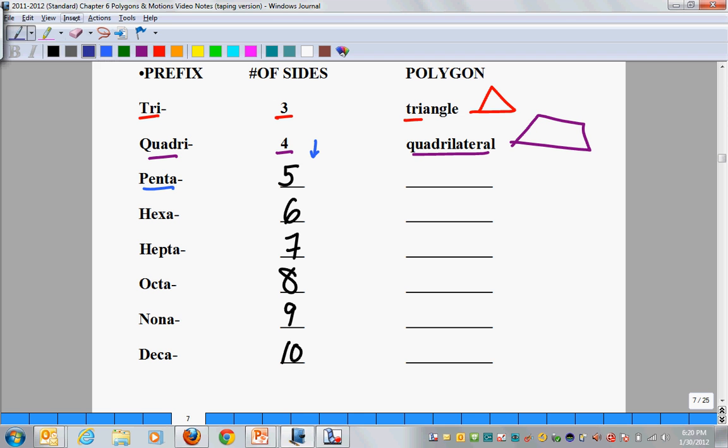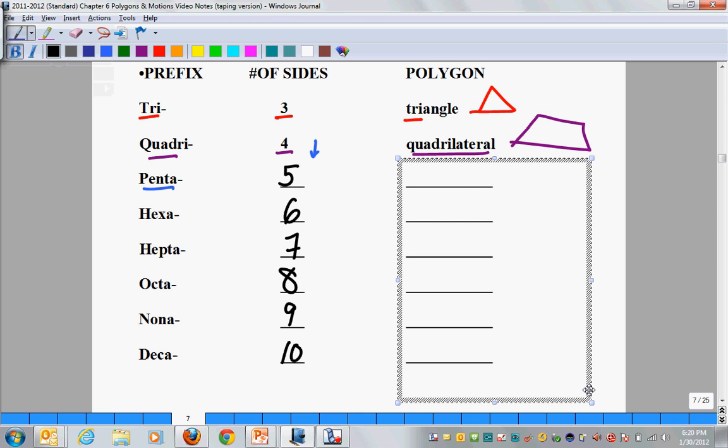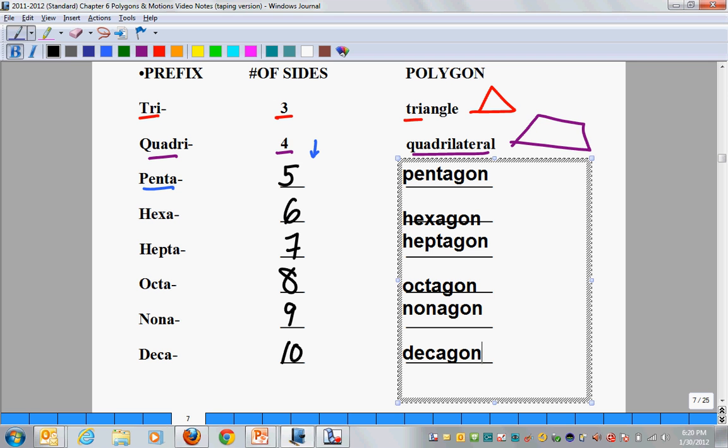So in here, we have a pentagon, a hexagon, a heptagon, octagon, nonagon, and a decagon.